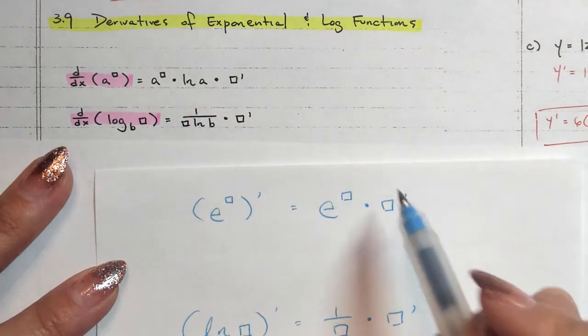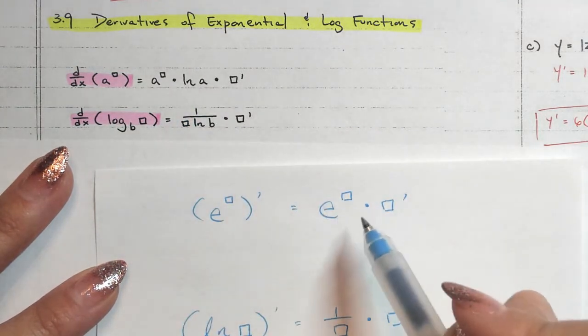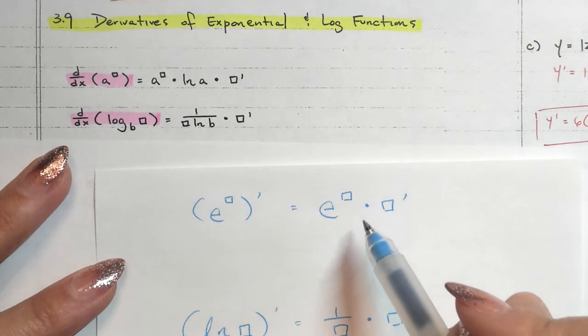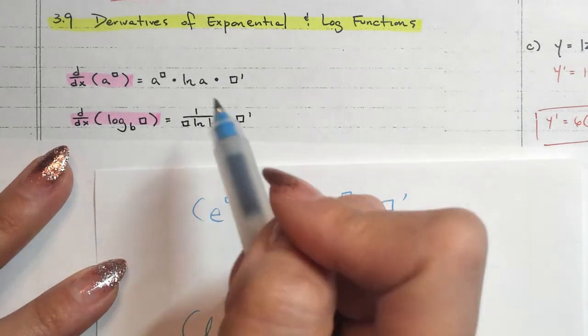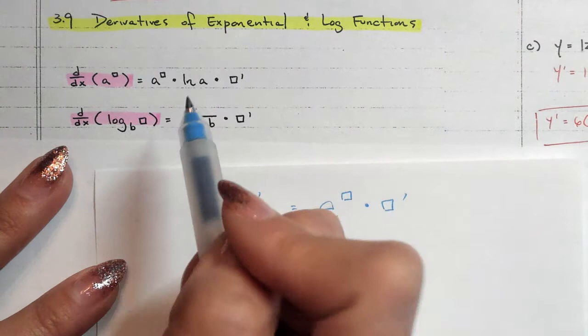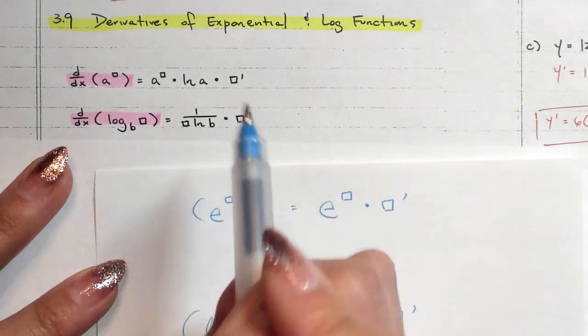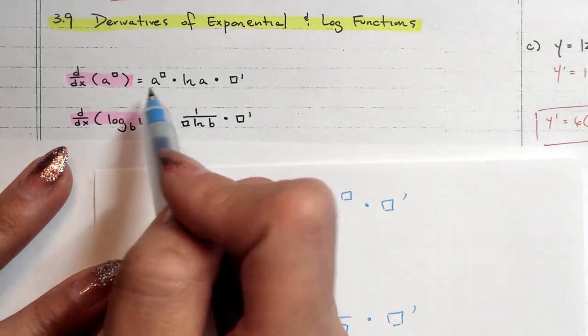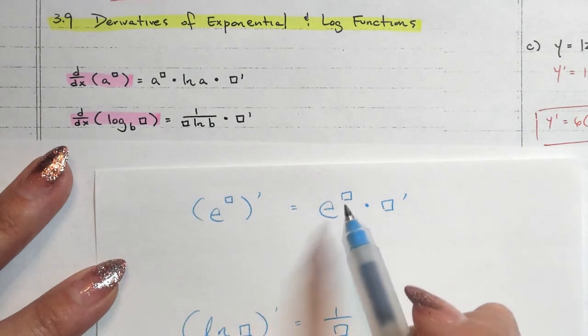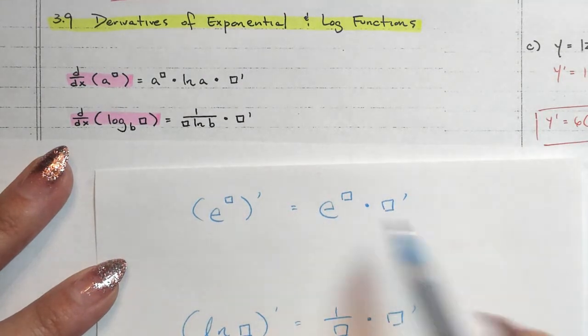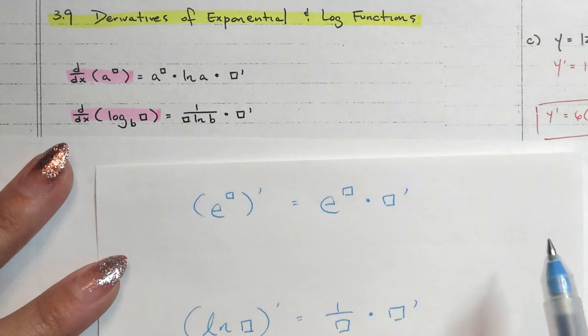What would it be here? It would be ln of e. What's ln of e? Oh, it's 1. So we didn't have to do it here. Times box prime. So there's this extra step right here where you take the ln of the base. And then when you take the ln of this base, you get 1, which is really nice, and we didn't have to do that, okay?